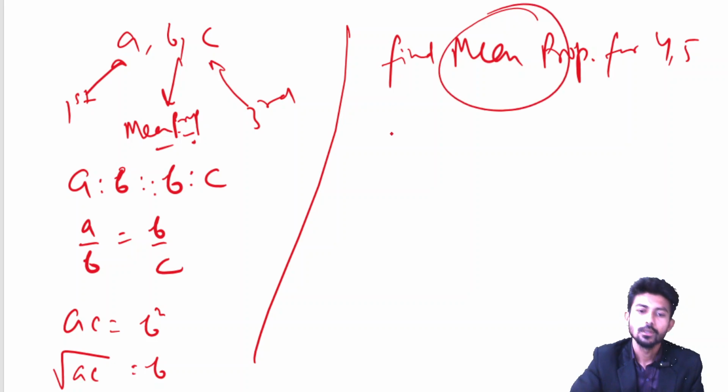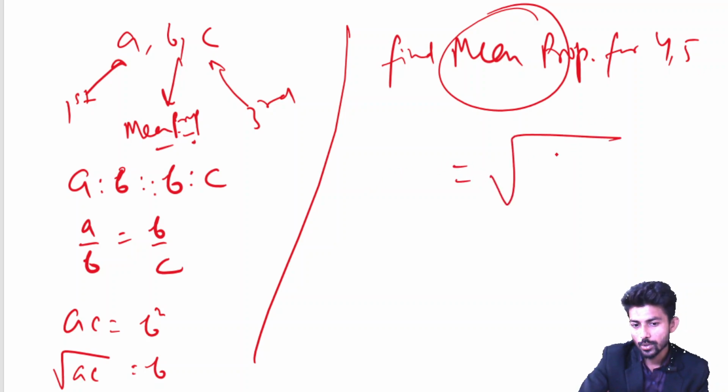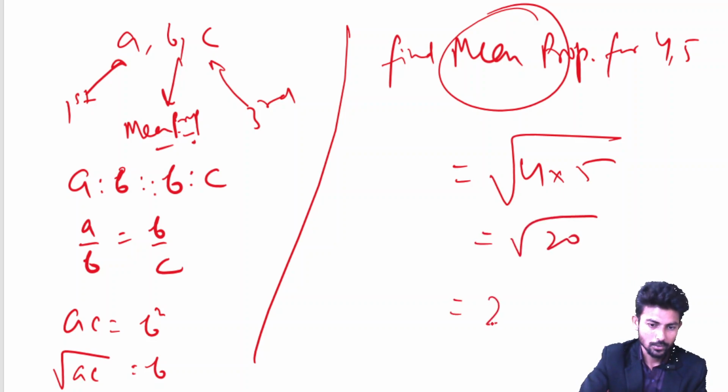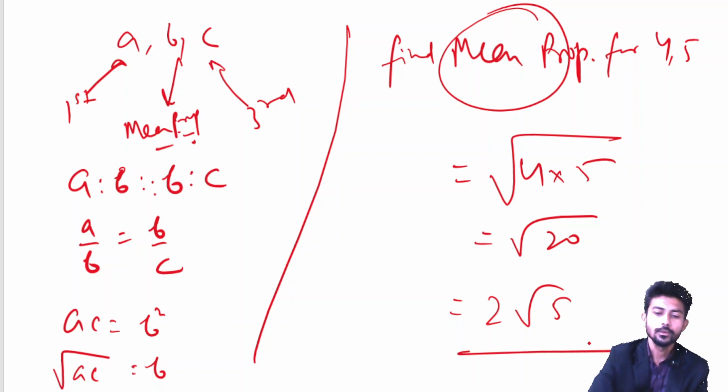Obviously, if the mean proportion is being asked, they will be the extreme numbers. So we can directly find the square root of 4 into 5, that will be square root of 20. It can also be written as 2 root 5. So this would be the answer. This is the mean proportion for this problem.